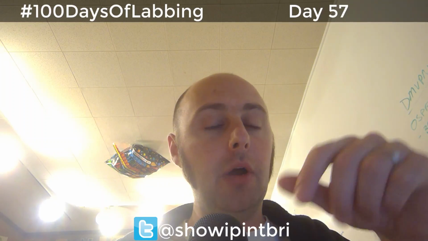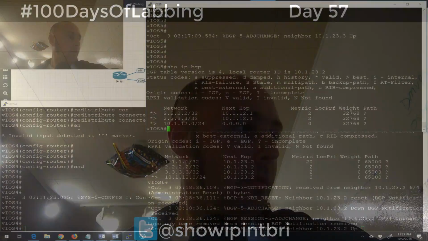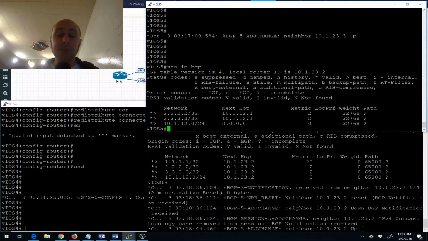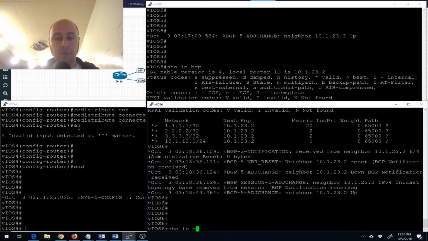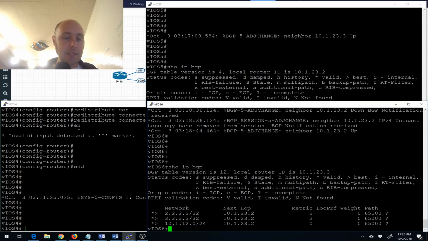And again, on our middle router, which is the one we're redistributing from OSPF into BGP, we've now lost that prefix. It's not there. And if we go over to our end of the line router, show IP BGP, it's not seeing that prefix either.